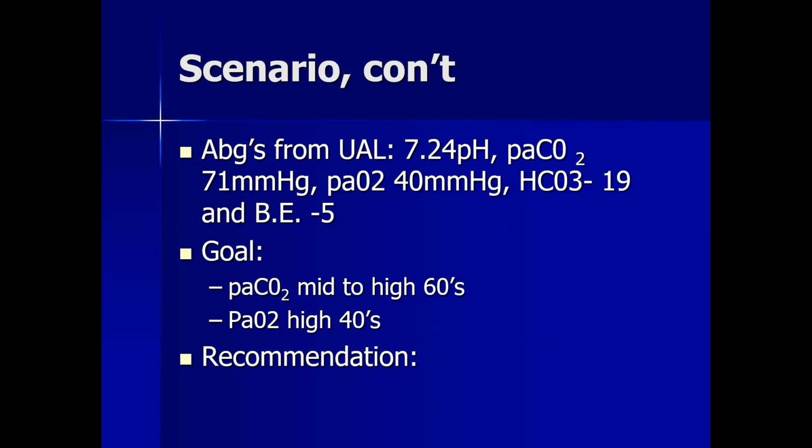Okay, good. Now, what should we do about the PaO2? It's low. We want high 40s and it's just 40. So we want to improve oxygenation. Yes, very good. If you increase MAP, that's going to distend the alveoli and improve oxygenation. Good.